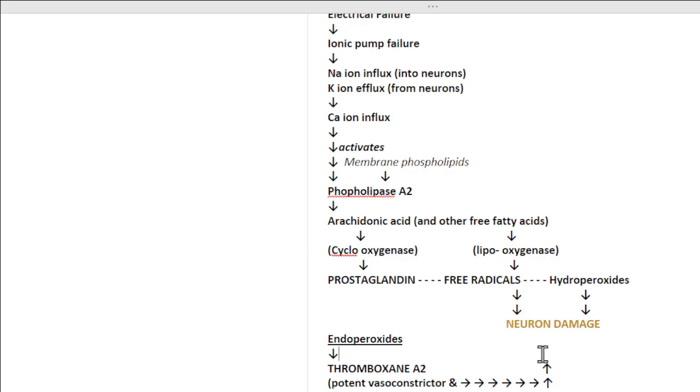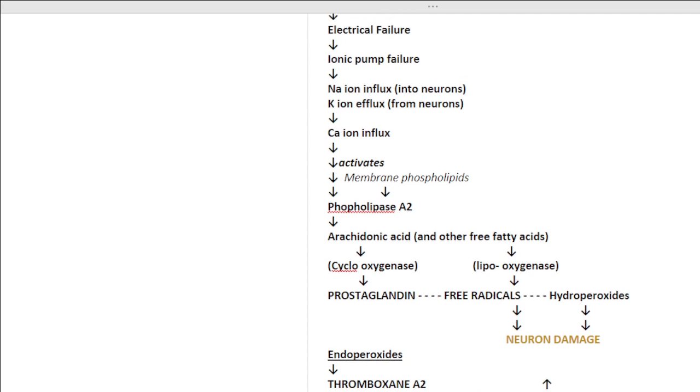Of course the diagram took more time today, sorry, but I try to make you understand as I am teaching. That's the reason I did not draw. Okay, this is the major reason. You can see neuronal damage. So this is causing neuronal damage. Endoperoxides itself, everything here you saw how it is causing.